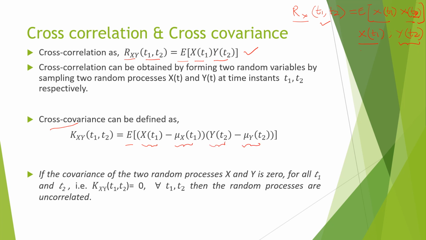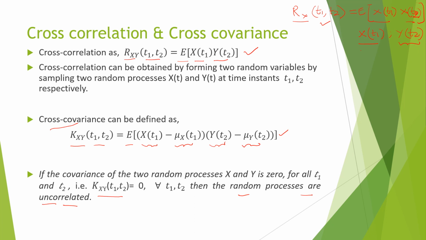It is represented as Kxy(t1, t2). K represents the cross covariance for random processes x and y at times t1 and t2. And one more important result is that if the cross covariance Kxy(t1, t2) is equal to 0, then these two random processes x and y are uncorrelated.